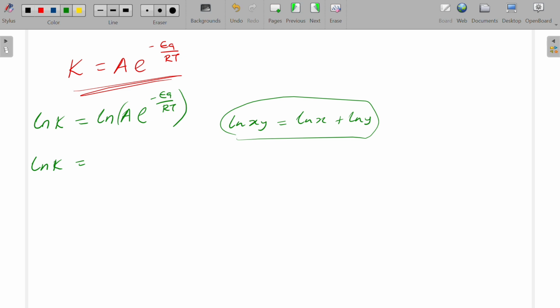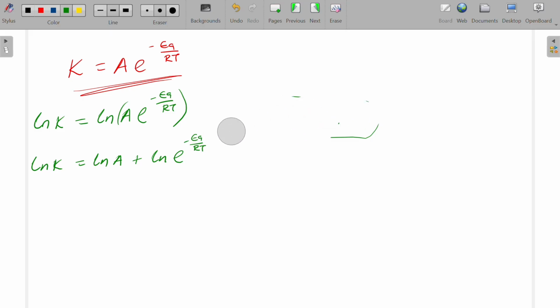So we'll say what we have here is natural log of the frequency factor A added to natural log of e to the power of minus Ea over RT.